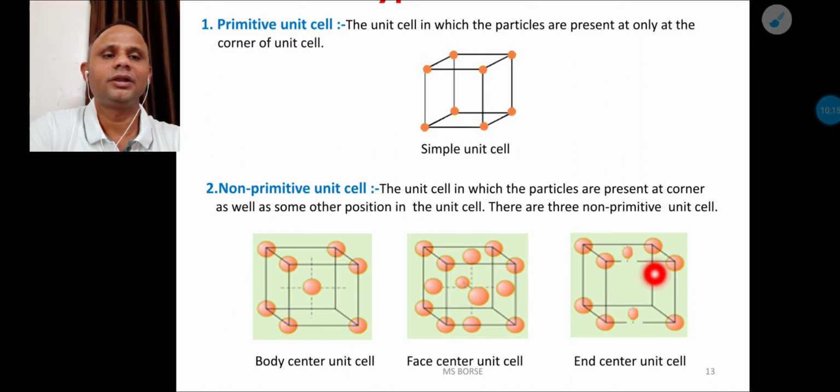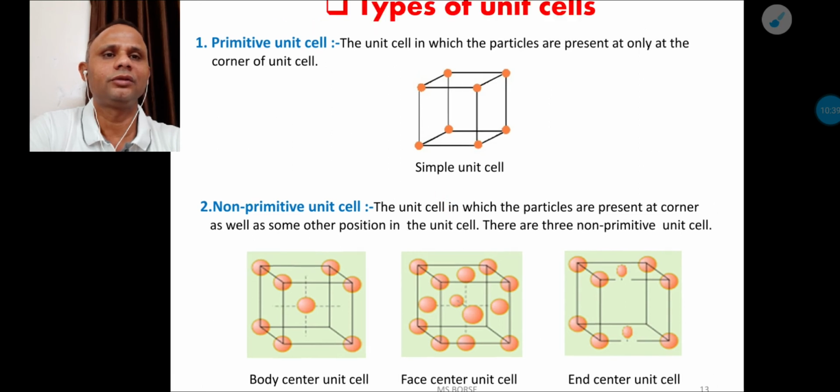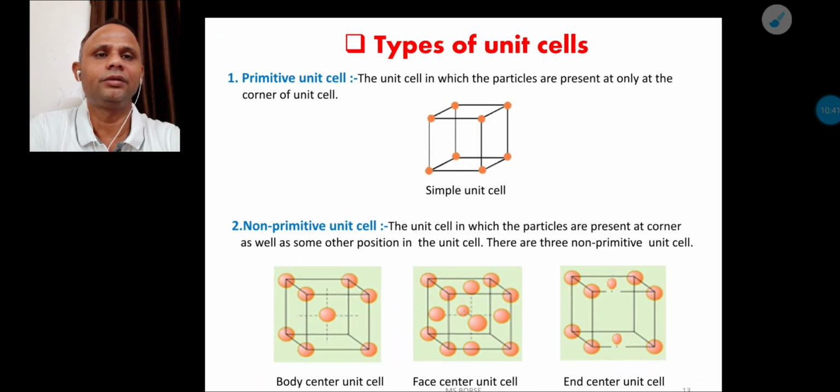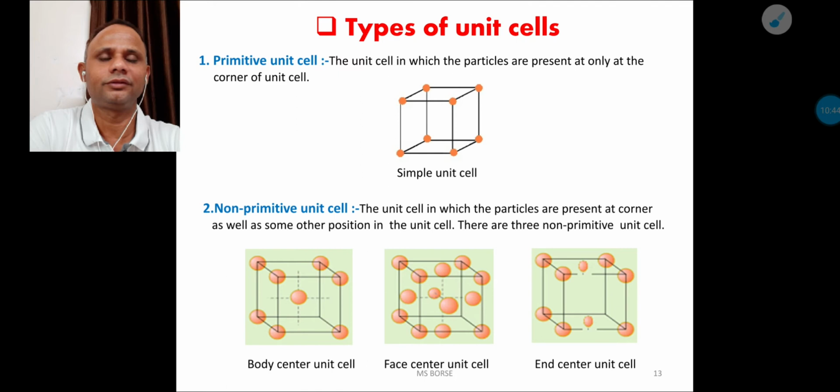That means at every end, the center of this end of the unit cell, there will be an additional atom present. That's why this type of unit cell is called an end center unit cell, right? So the short form of this unit cell is ECC unit cell, that means end center unit cell. These are the two types of unit cell, that is primitive unit cell and non-primitive unit cell.